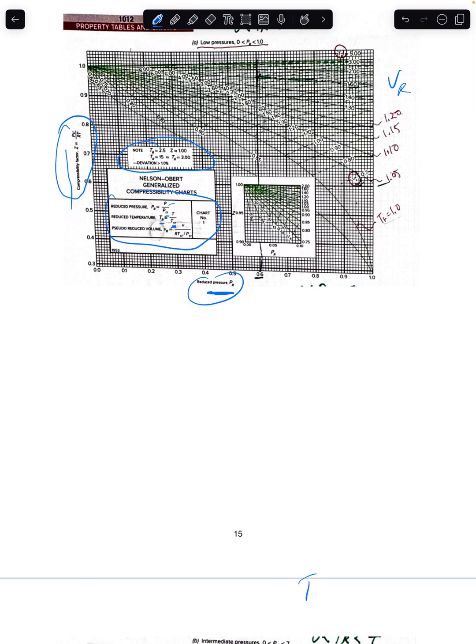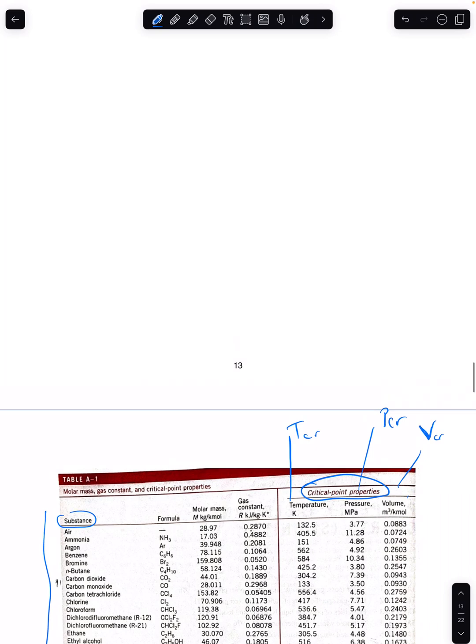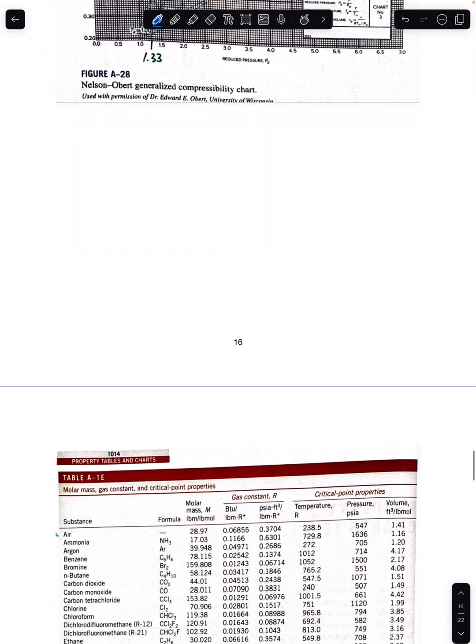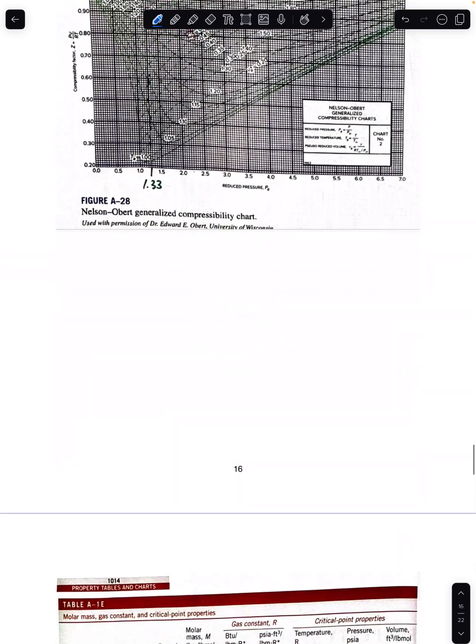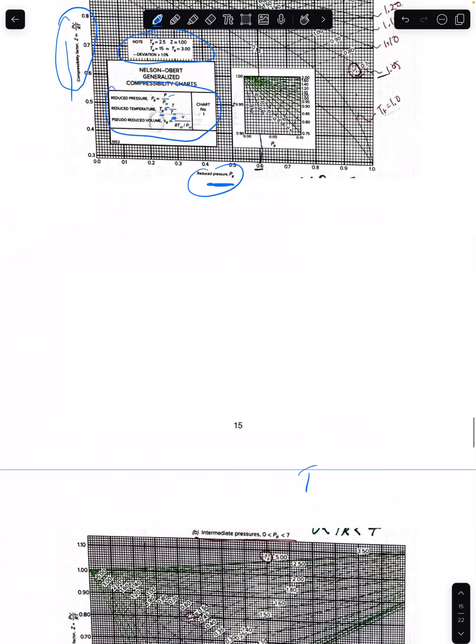So now I'm going to look at the value for my reduced pressure, which I have is 0,246. I have 0,246, which is, I look for 0,2. So 0,246 will be around here.